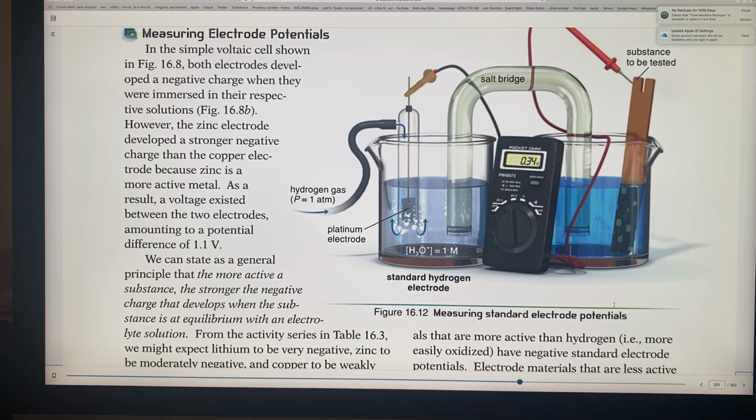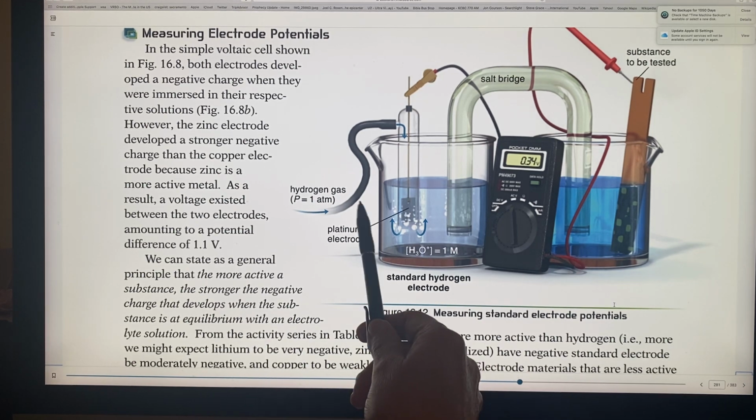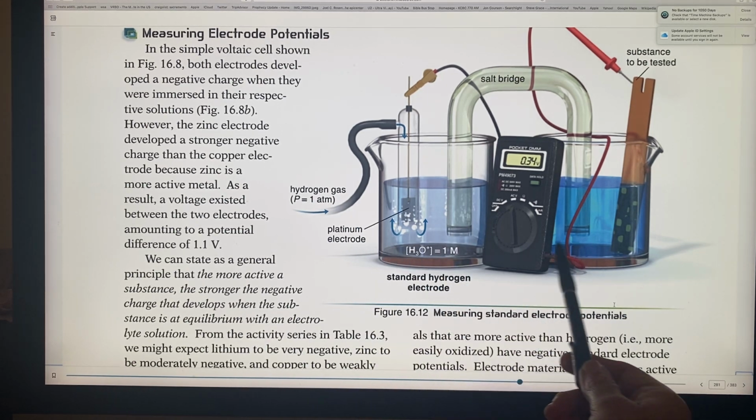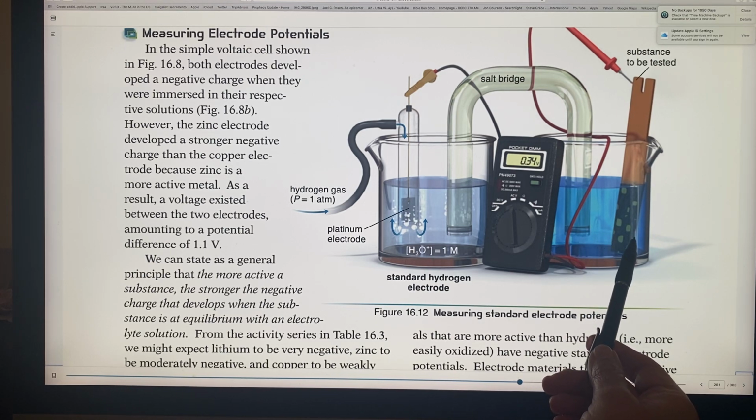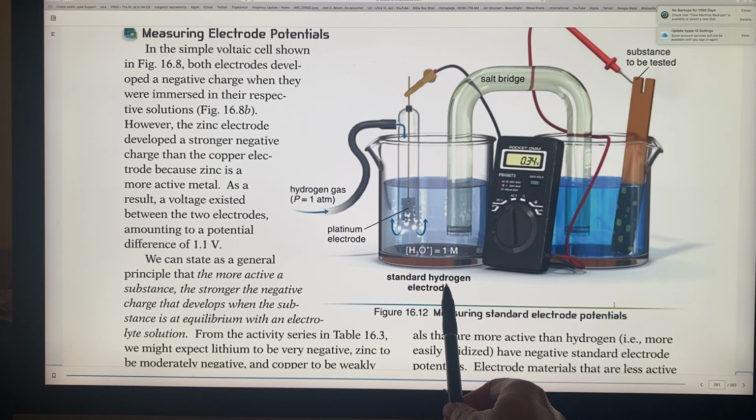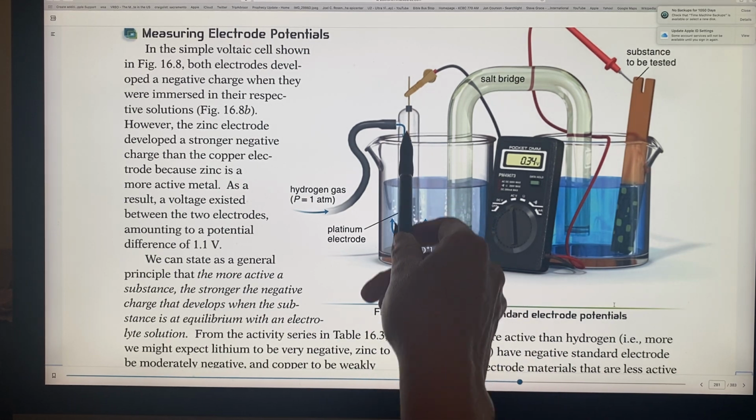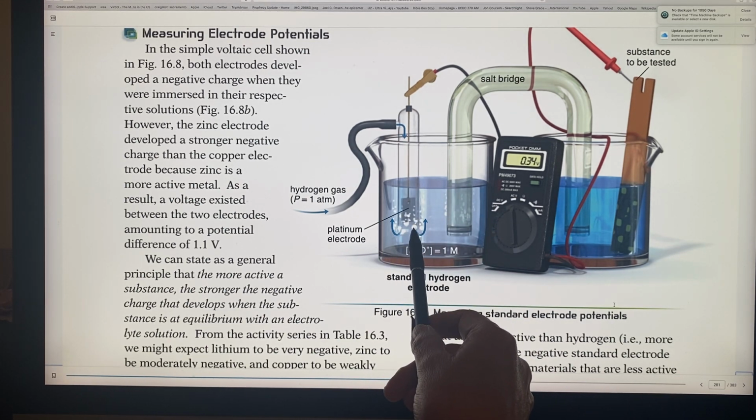First of all, let's look at this, measuring standard electrode potentials. So now look how elaborate our battery cell's getting. Now we have the standard hydrogen electrode. They put in this hydrogen electrode to measure.